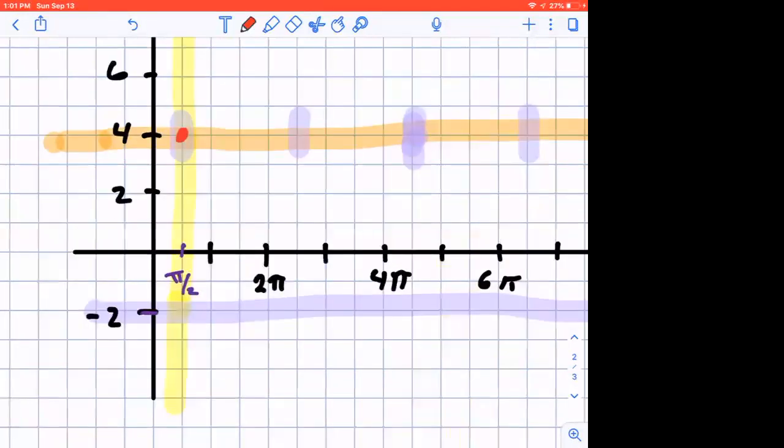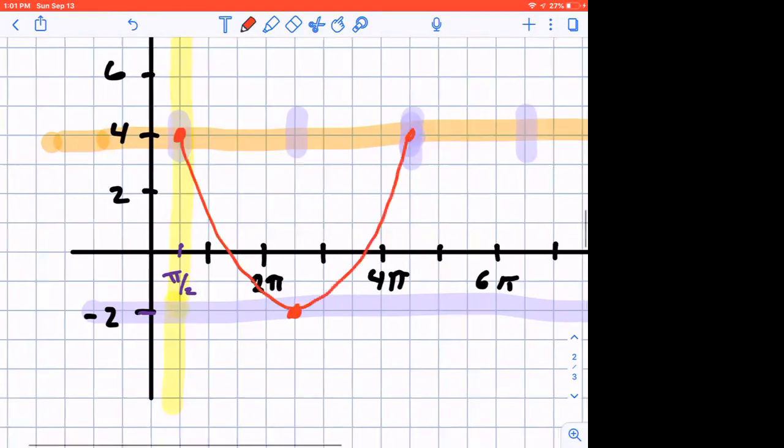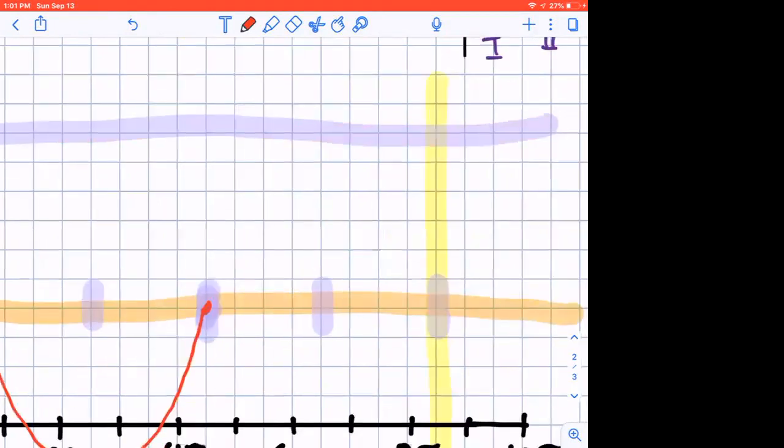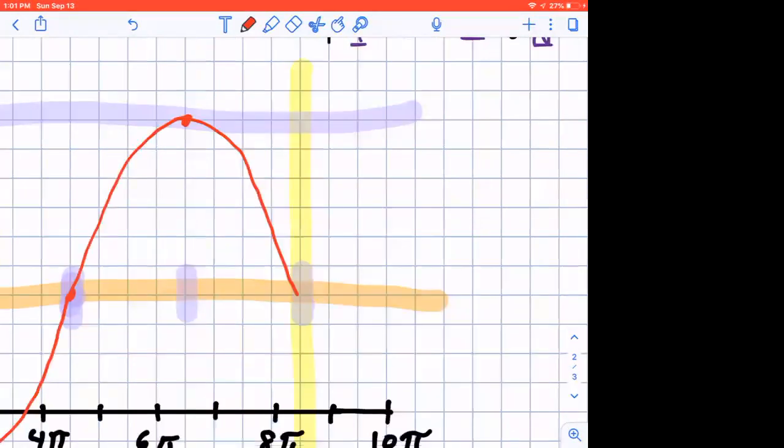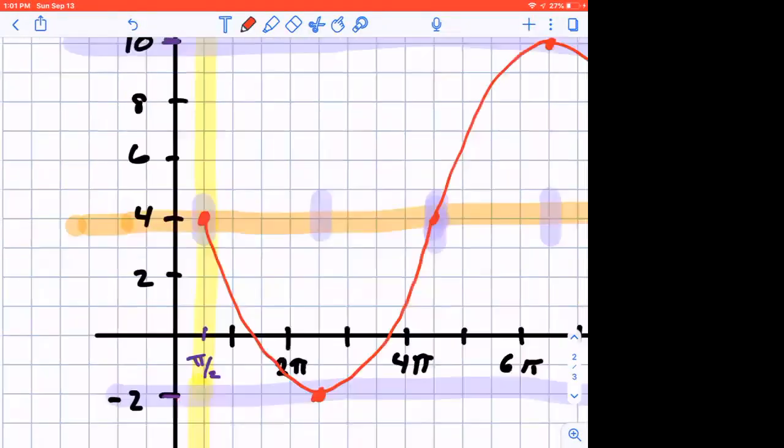So we're going to go from there to here. So we're going to have this shape, and then we're going to go back to the middle. We're going to just continue on with our sine graph. All right, now remember, it doesn't stop here. It does continue. And it doesn't stop here at the beginning either. It does continue.